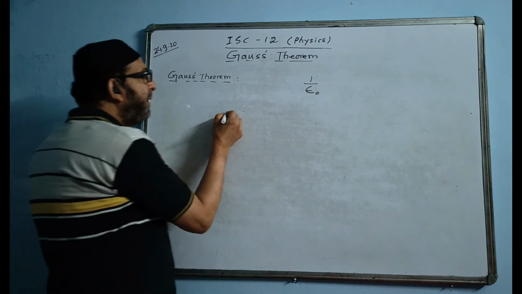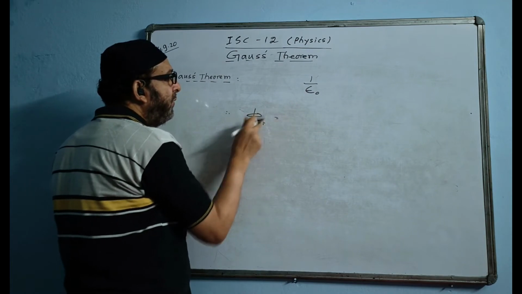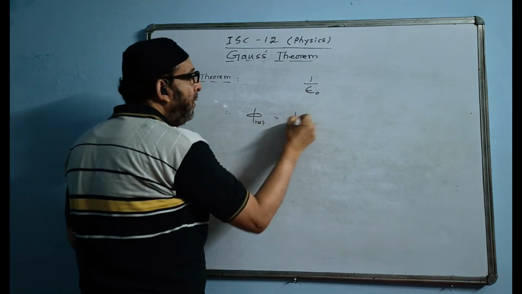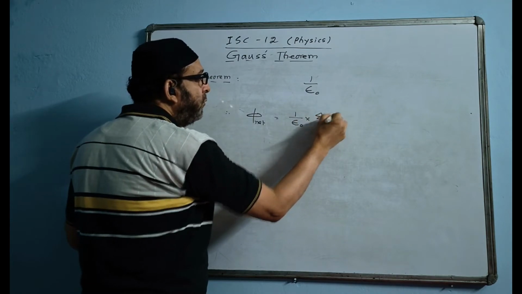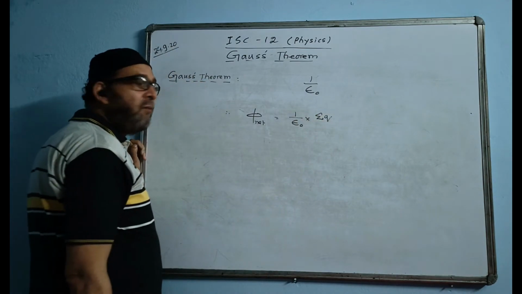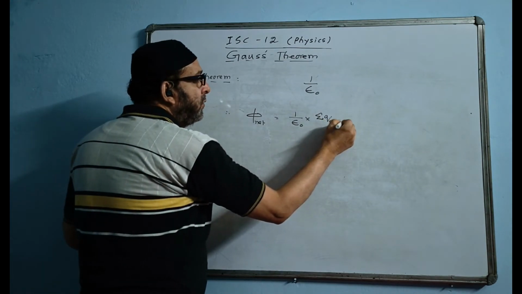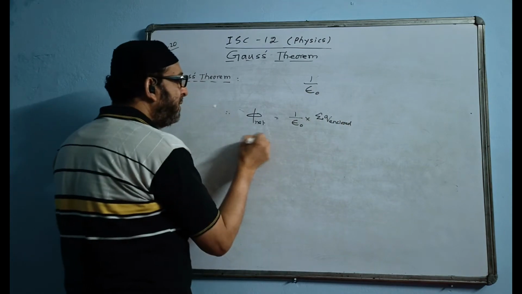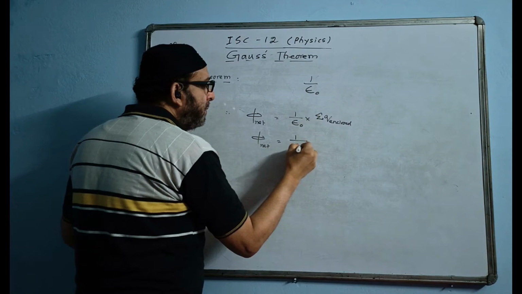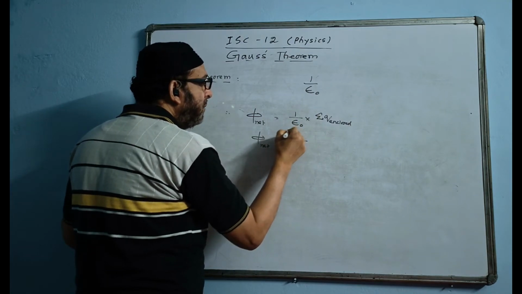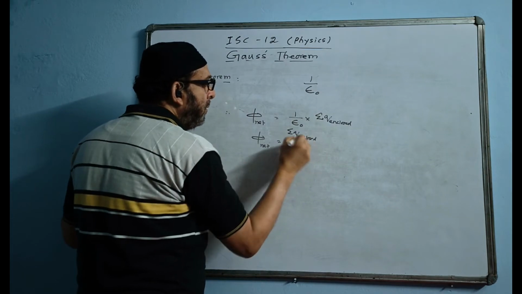Therefore, mathematically we will be writing phi net, the total flux, will be equal to 1 by epsilon naught times the summation of Q, the sum of all the charges enclosed. We can write this as phi net equals 1 by epsilon naught, sigma Q enclosed.